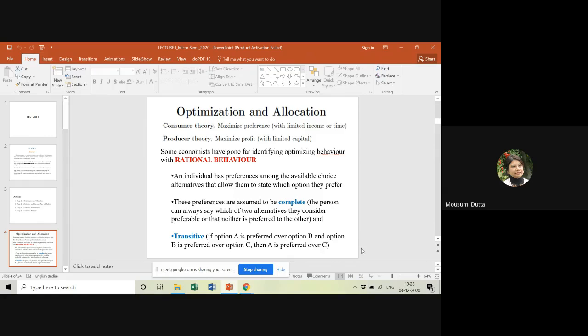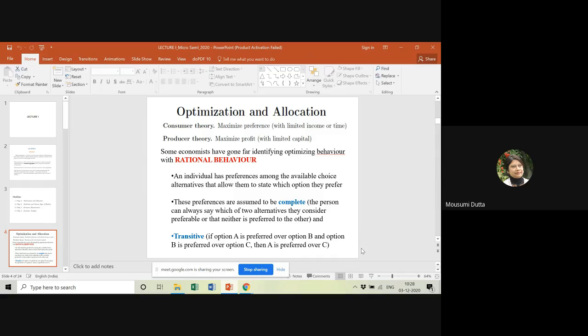So if you say that 2 oranges and 3 apples are preferred to 5 oranges, and 5 oranges are preferred to 6 apples, in that case, 2 oranges and 3 apples are preferred to 6 apples too. So this is the idea. If A is preferred to B, and B is preferred to C, then A is preferred to C.